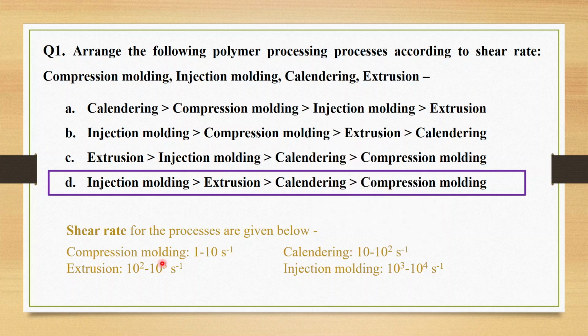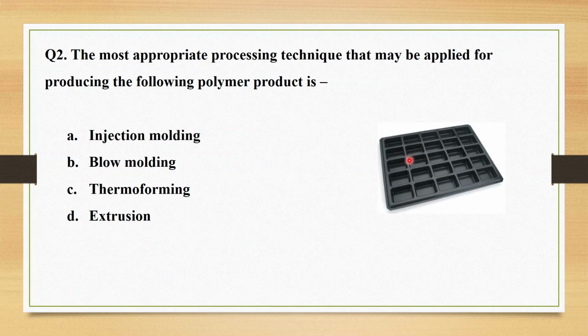For compression molding, it is 1 to 10 second inverse. For extrusion, 10 to the power 2 to 10 to the power 3 second inverse. For calendering, 10 to 10 to the power 2 second inverse. And injection molding, 10 to the power 3 to 10 to the power 4. So our correct option was option D. It was purely a memory based question. You have to remember some of the parts from the week 7 lecture materials.